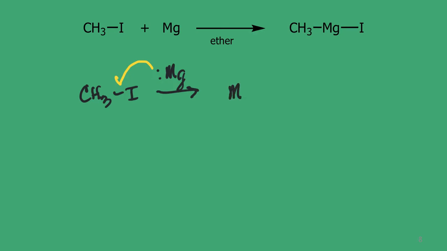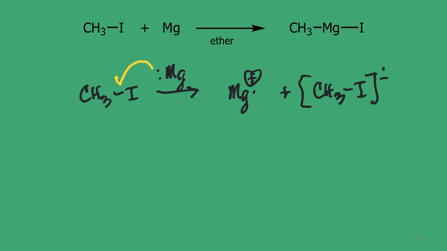This is going to produce a magnesium cation, which is a radical species, has an odd electron. And just like in the previous reaction, a radical anion out of the methyl iodide.